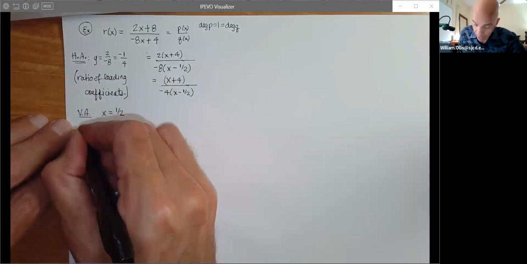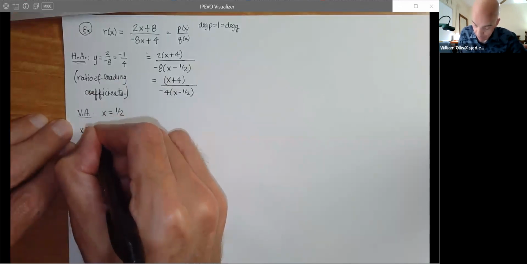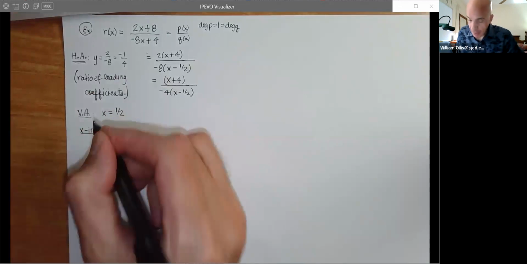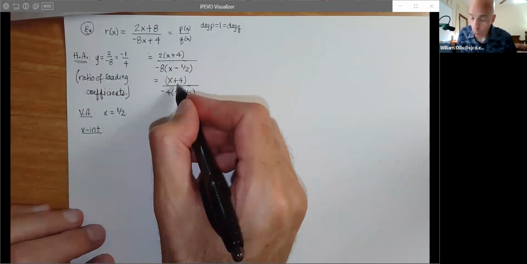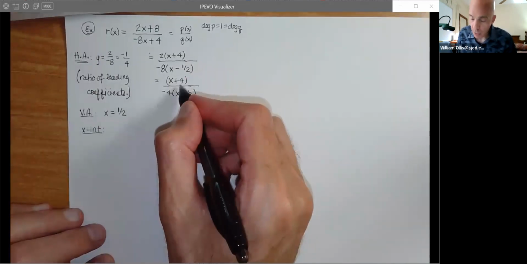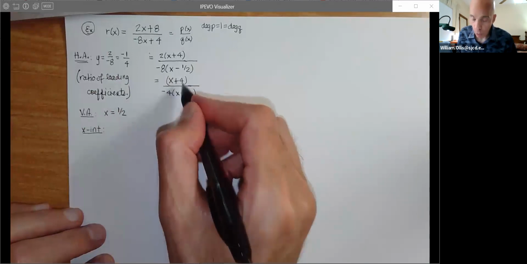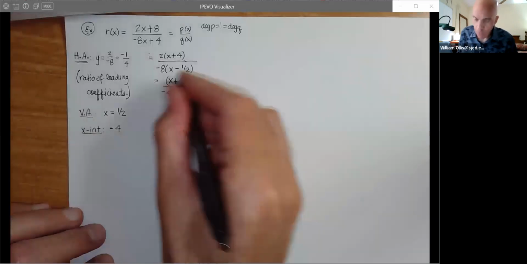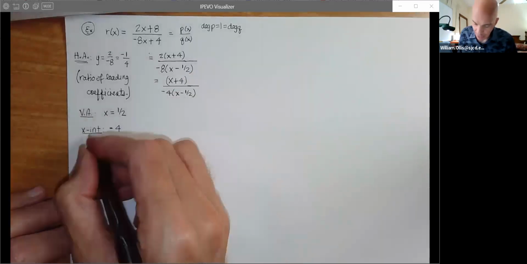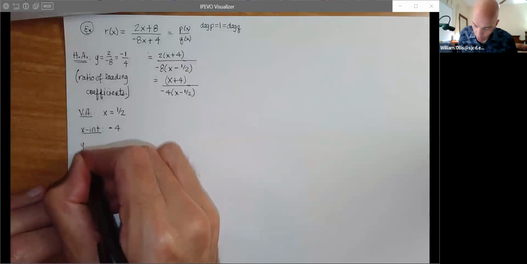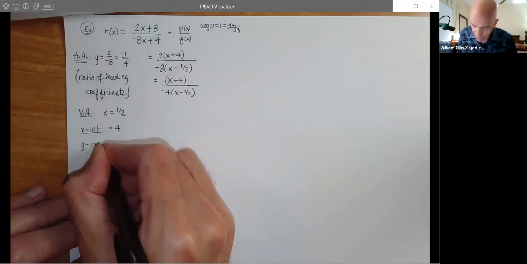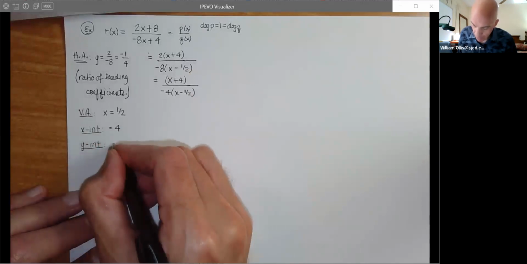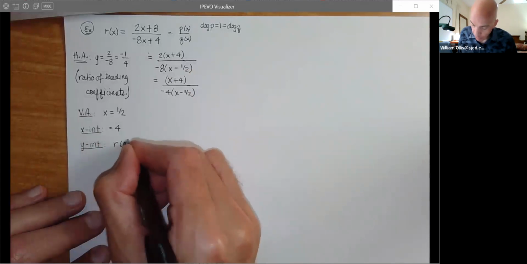And then we have x-intercept. Again, we look at our factor form and we see, when is this fraction equal to 0? When x equals -4. So when you factor things, it's easy to see. And then we have for our y-intercept, which would basically go back to the original function, we have r of 0.